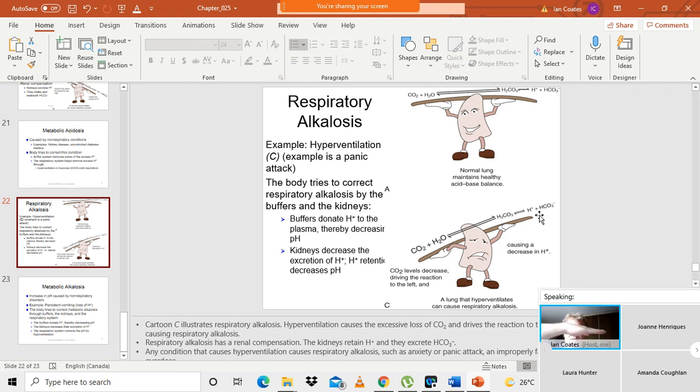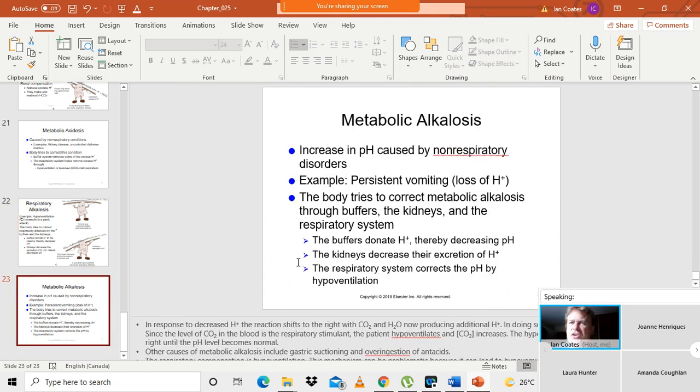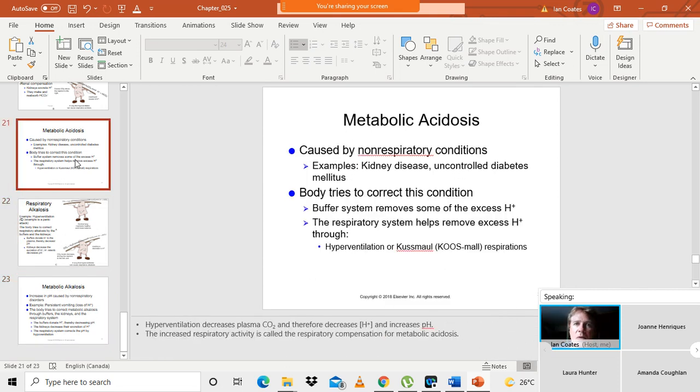If this is my buffer and I dump all this hydrogen here, temporarily there's going to be a lot of hydrogen in the system, but then the buffer scoops it all up and the pH remains the same. Eventually, if you add too much hydrogen, you're going to run out of buffer, but the body with its carbon dioxide should have a lot. That's good, and ladies and gentlemen, that's what we got for that one.